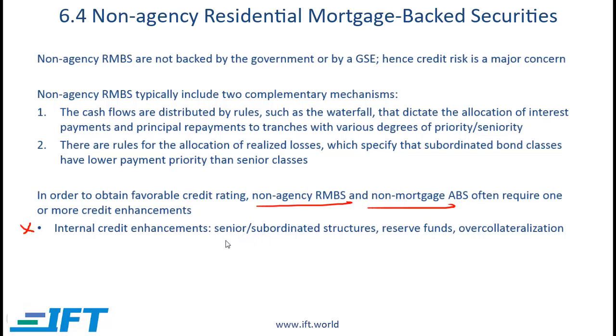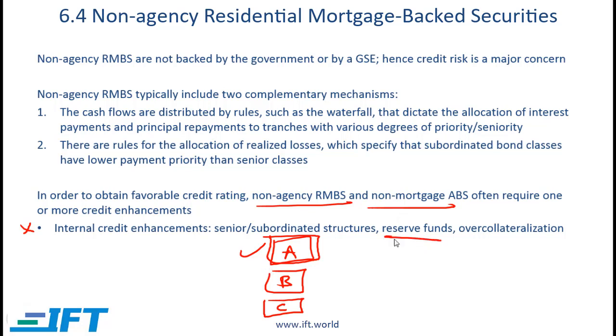We have talked about the senior subordinated structure several times. So if we have bond A as senior, B as subordinated to A, and C as subordinated to B, then through this structure, clearly A has a higher credit rating relative to B and C. So we can say that through this structure, A has been given some credit enhancement.